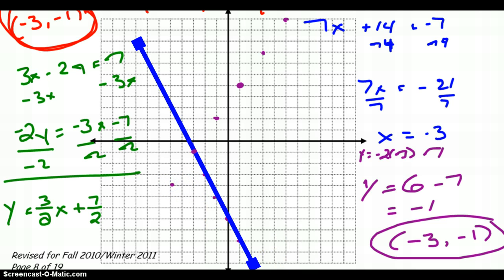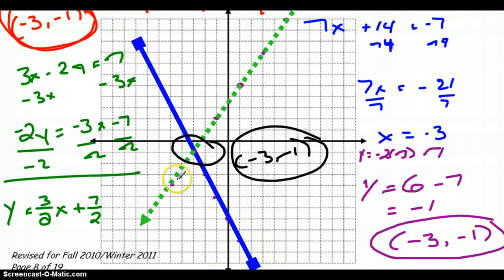Alright, and let's connect those in this lovely green. Okay, and I can see that the intersection point, where these two lines cross, is the ordered pair negative 3, negative 1. So I got that same answer, and I did the problem 3 times and in 3 different ways, by using the addition method, by using the substitution method, and by graphing it.